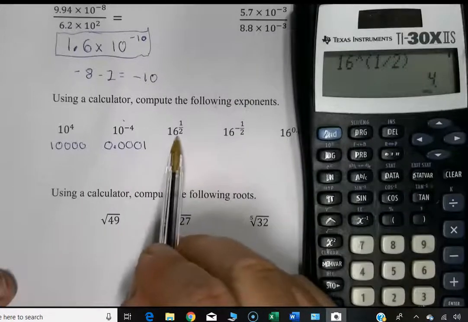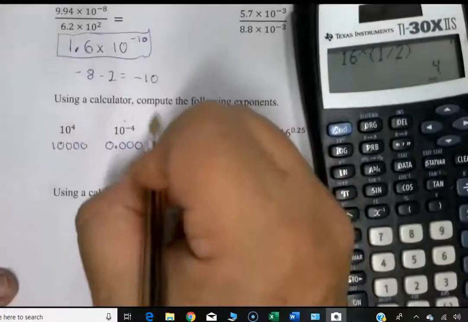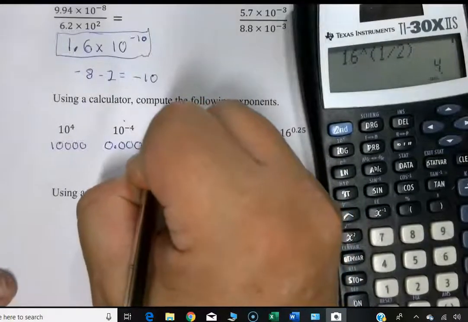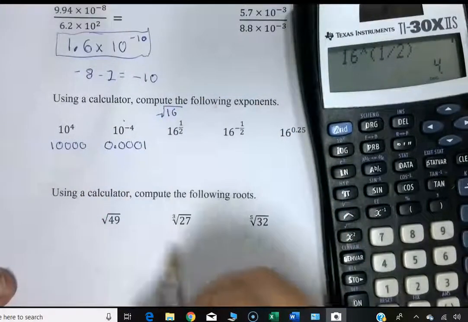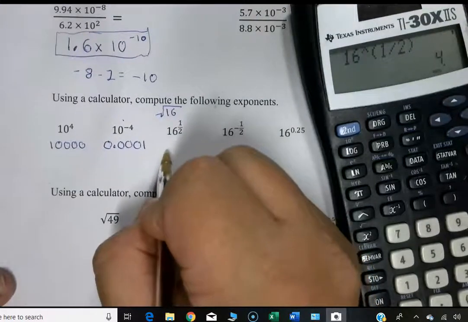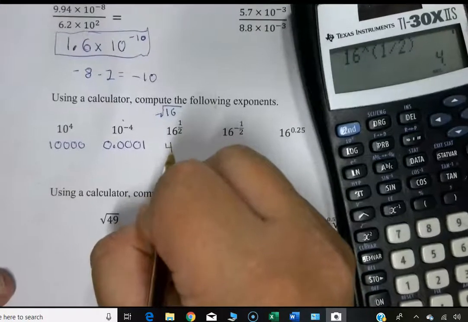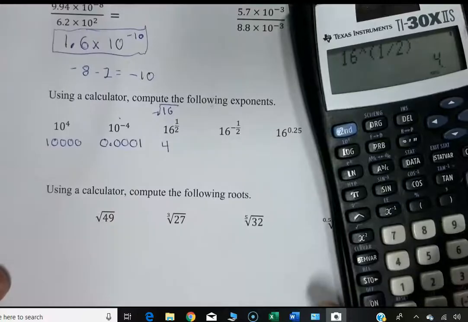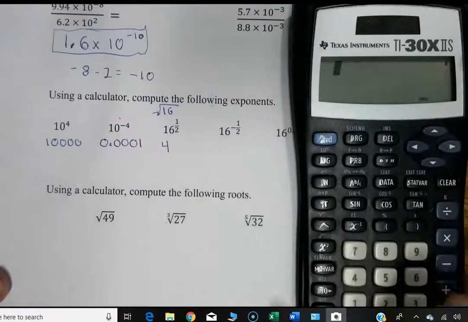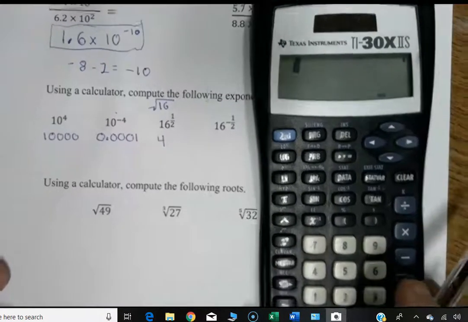So that's really the square root. This is a way of writing the square root of 16. Okay, those two are the same. So the answer to that is 4. Okay, try doing the next one. Pause and do the next one. What do you got?